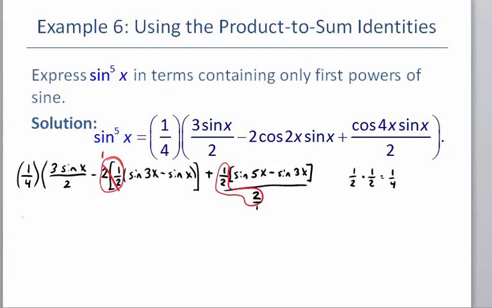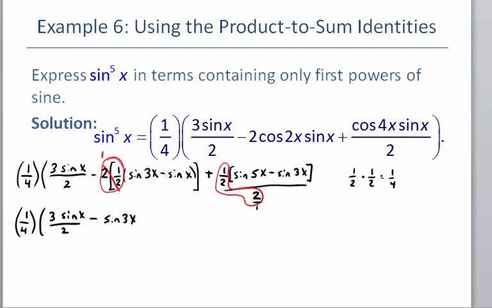Okay, so let me rewrite again and clean up as I go. So I'm going to leave that 1/4 there. I'm going to have 3 sine x over 2 minus, the 2 and the 1/2, remember, cancel out, so it's going to become minus sine 3x. And we want to be careful here.